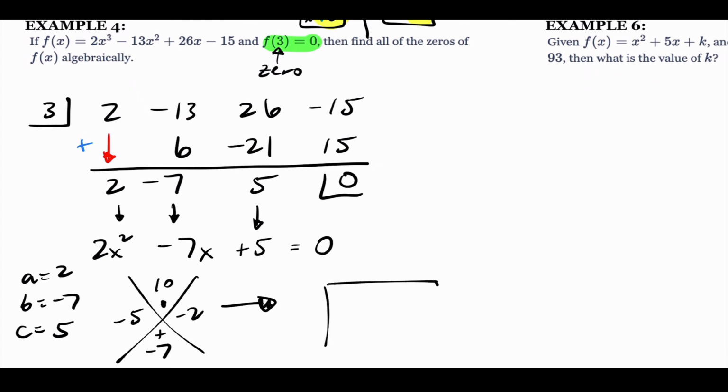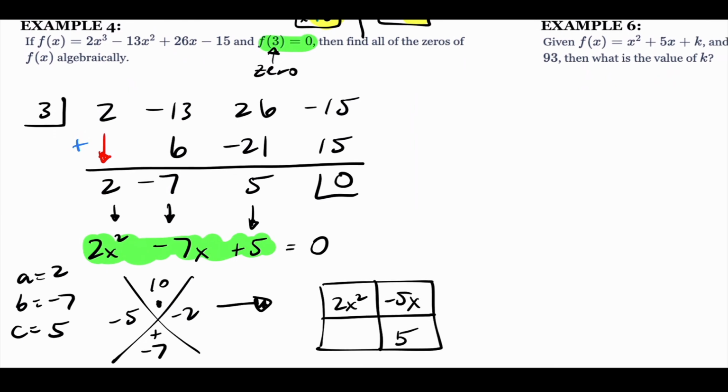Okay, so now I need to do the box. Again, my focus is here with the box in green, so I put a 2x squared here, positive 5 there, negative 5x, negative 2x.